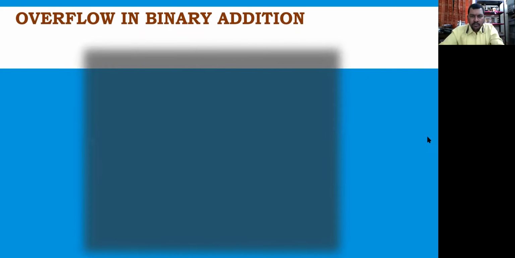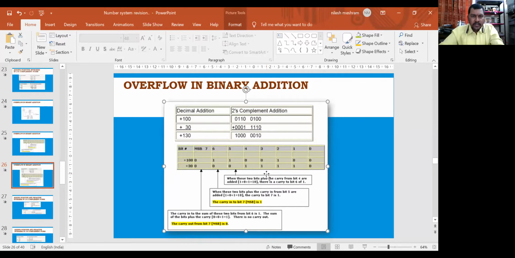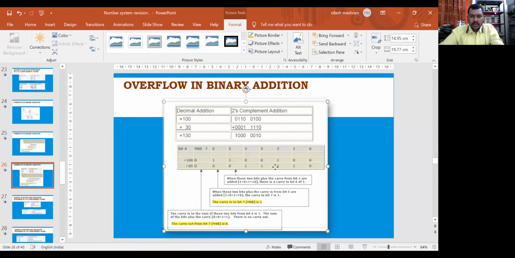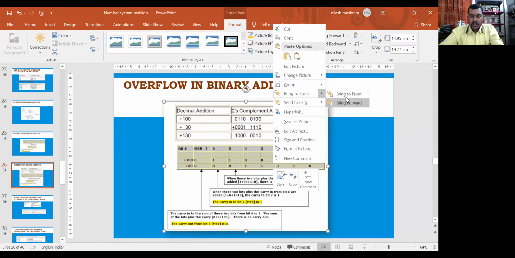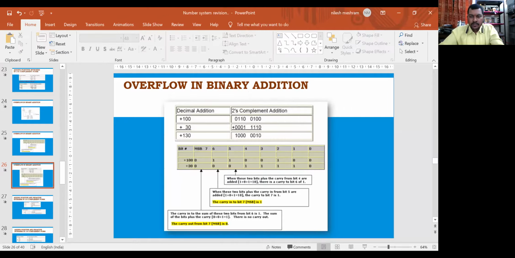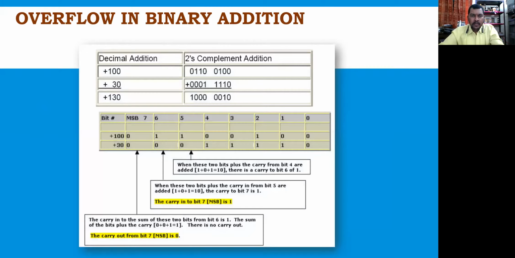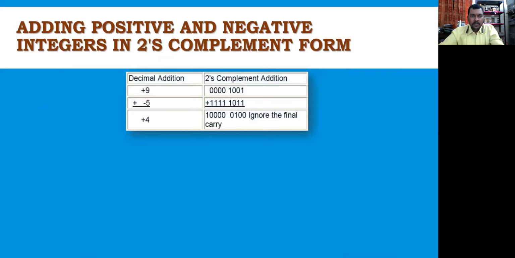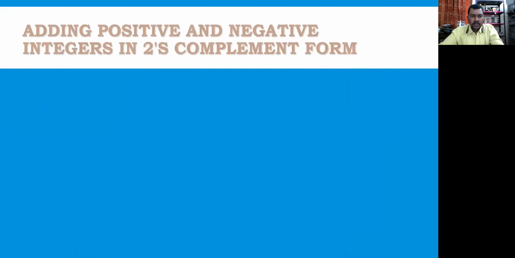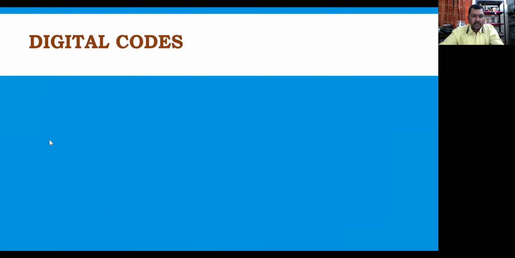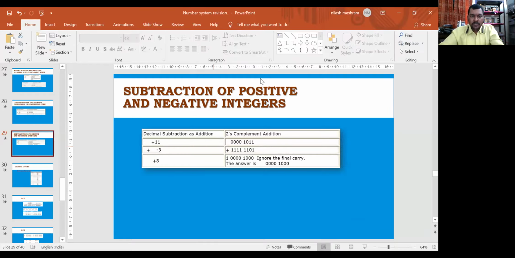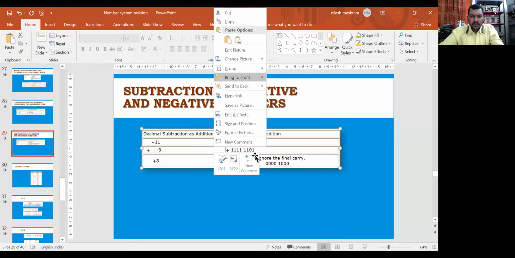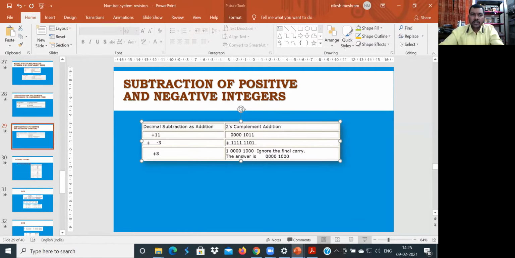Some of the slides were not visible, so let me see, yes, it is visible now. These are some of the additions, subtraction we have almost completed, and decimal subtraction we have also done.